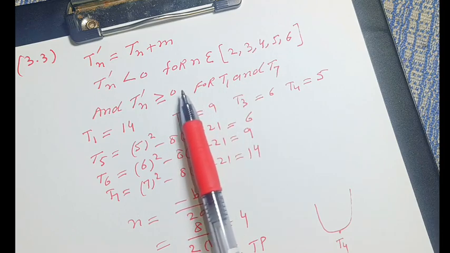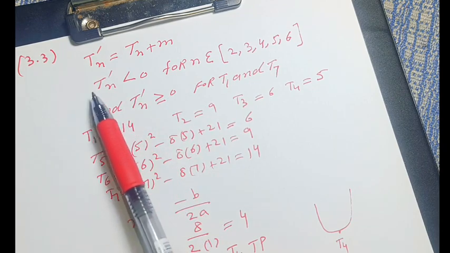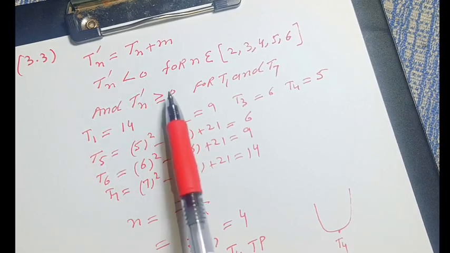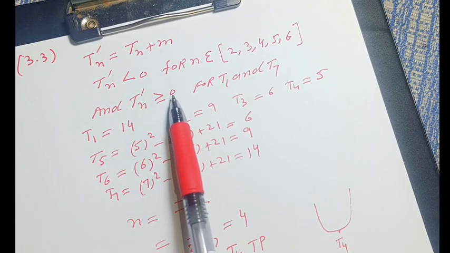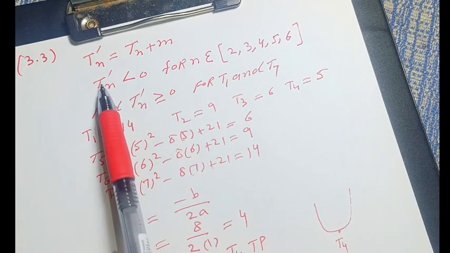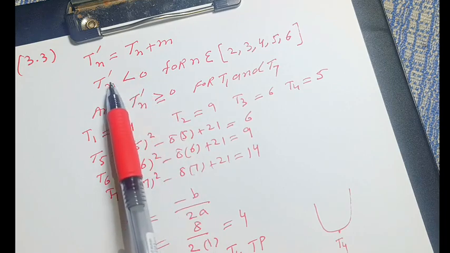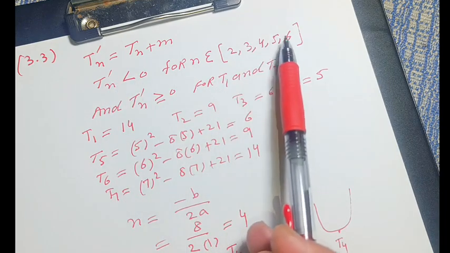Okay, they can be positive. So they are equal to 0 or greater than 0, which means they are positive. But here it must be less than 0, which means negative, because of 2, 3, 4, 5, 6.